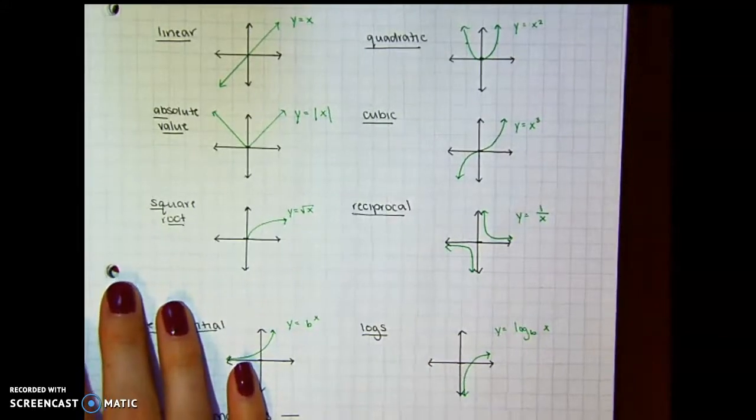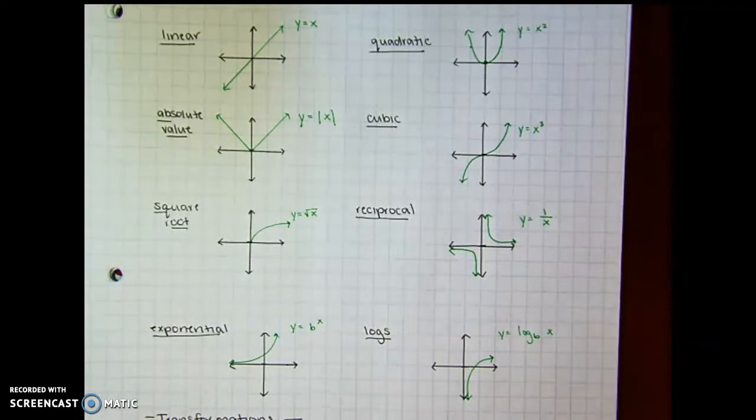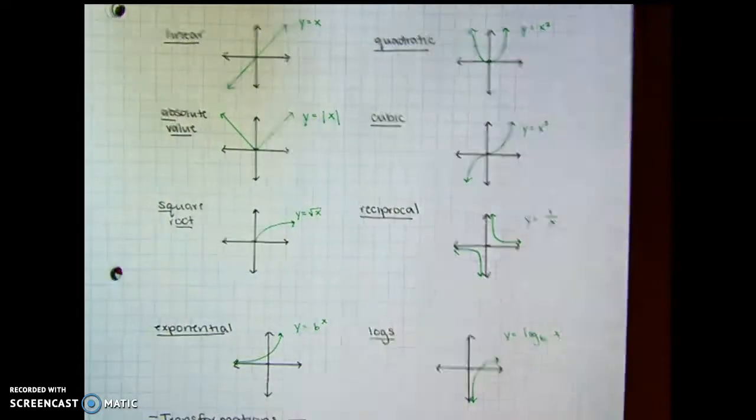You need to be able to, given an equation, list the transformations and graph. You need to be able to, given a graph, figure out the transformations. So I will say my tips for you, and then I will end the video. And on Monday, we're not going to do dilation, so that'll be kind of nice for you guys. We'll do those on Tuesday.